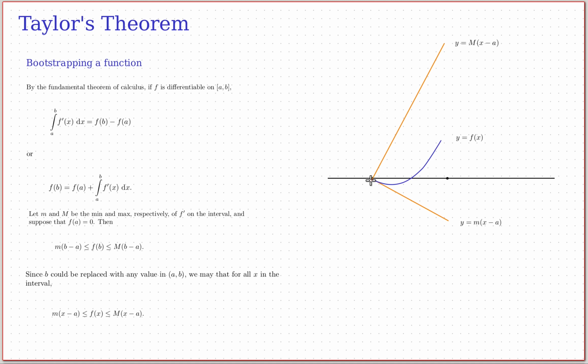And if you were to extend the negative slope continuously, you'd get the lower orange line. If you were to extend the maximum slope at the end continuously, you'd get the upper orange line, right? So the actual curve, y equals f of x, lies between the straight line with the minimal slope and the straight line with the maximal slope, right? This is all perfectly simple so far.